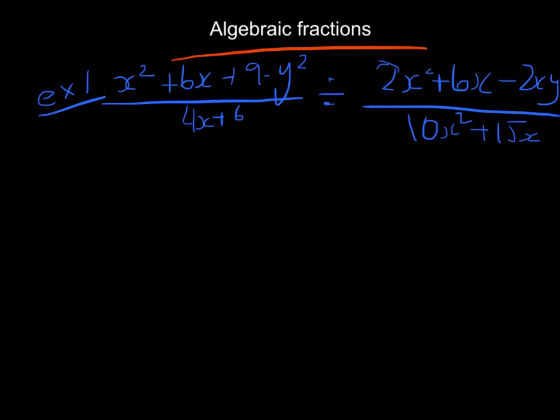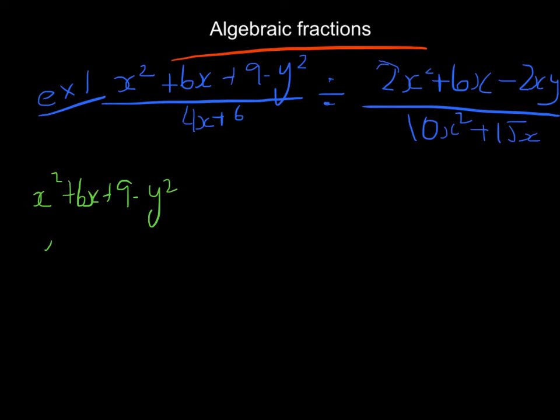So we need to recognize that what we've got there is a difference of 2 squares. But let's just look at it separately. So I've got x squared plus 6x plus 9 minus y squared. x squared plus 6x plus 9: square root of 9 is 3, square root of x squared is x, and 6x is 2 times 3x, which means I've got a perfect square.